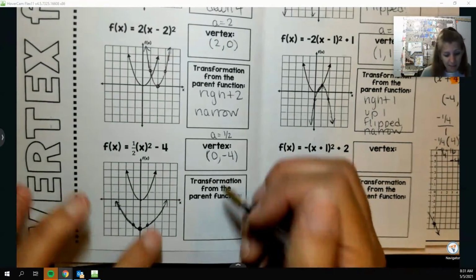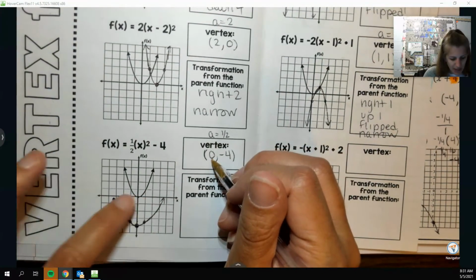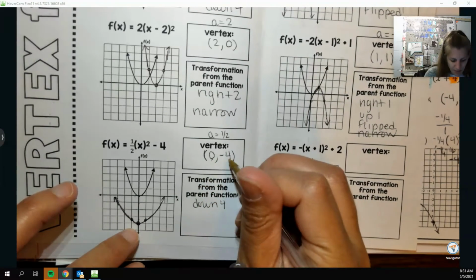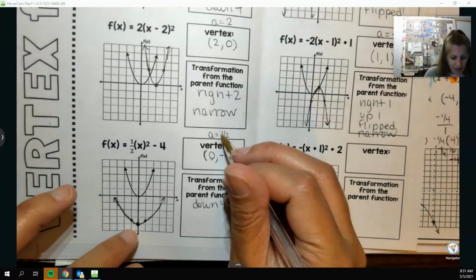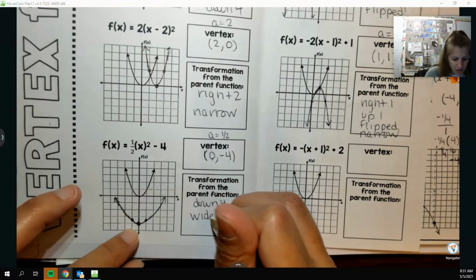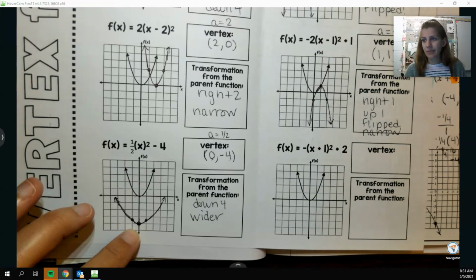So some things that happened, it didn't move left or right at all, it just moved down 4. And then because this is half, it got wider or moved slower.